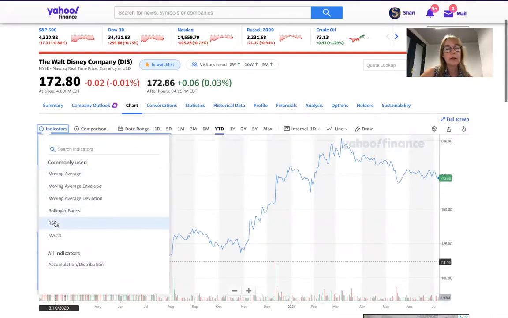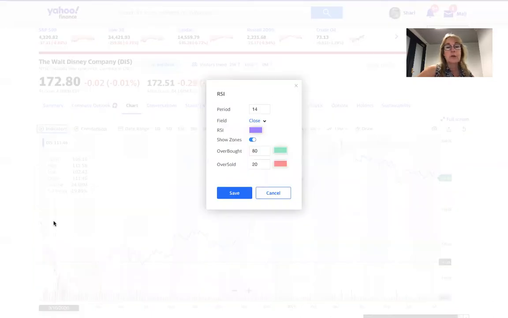Now, if you want a better definition of these, like the Bollinger Bands, the moving averages, and the RSI, you can Google these and it'll take you to Investopedia. That's a really good website. It'll give you some really succinct definitions. Okay, so let's look at the RSI.